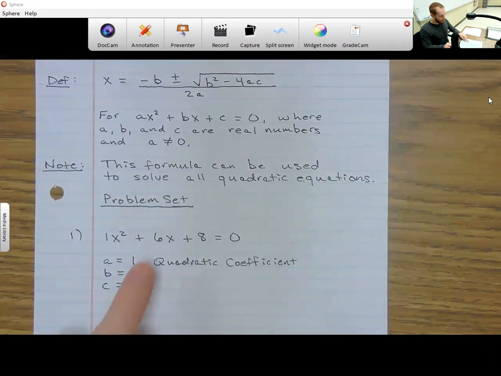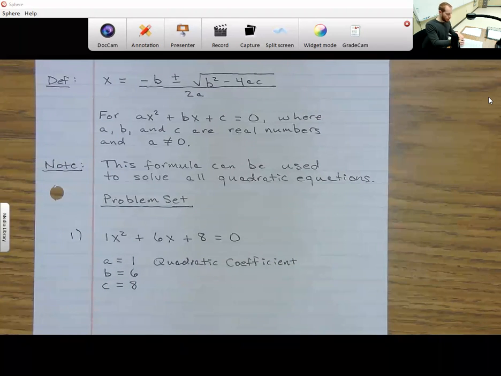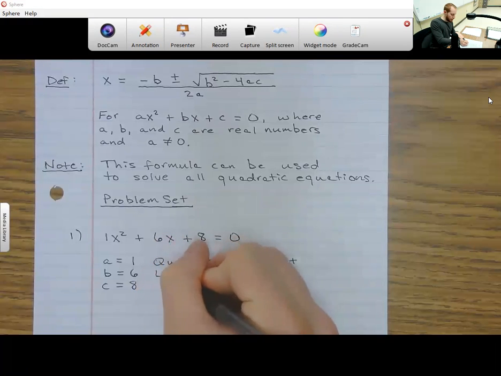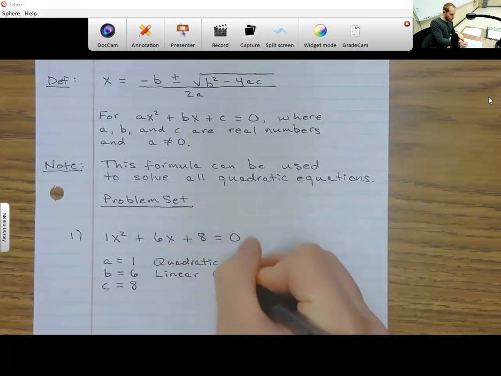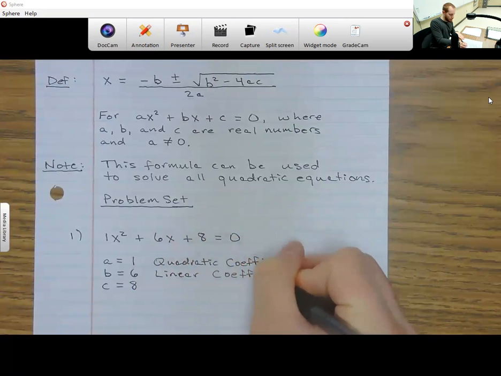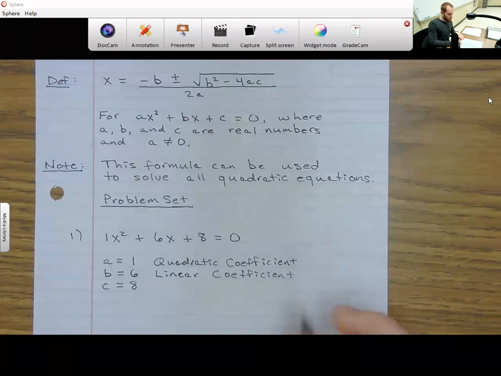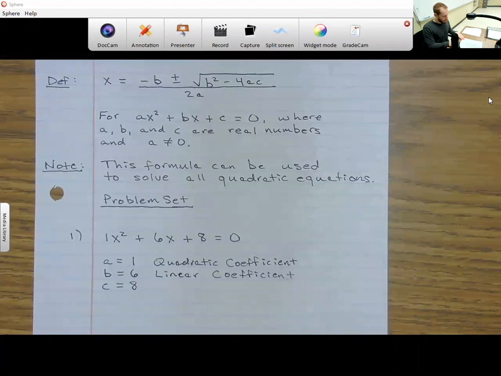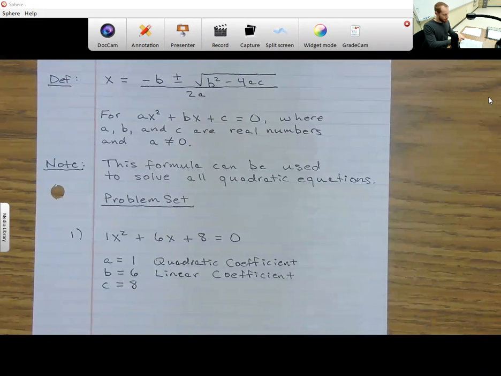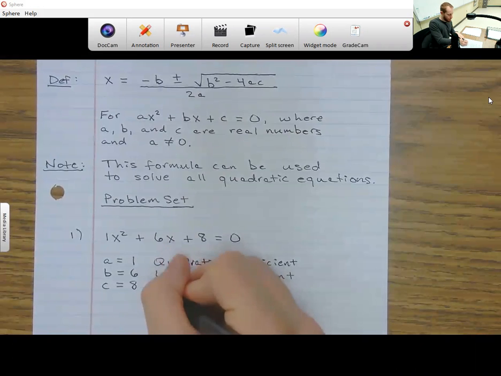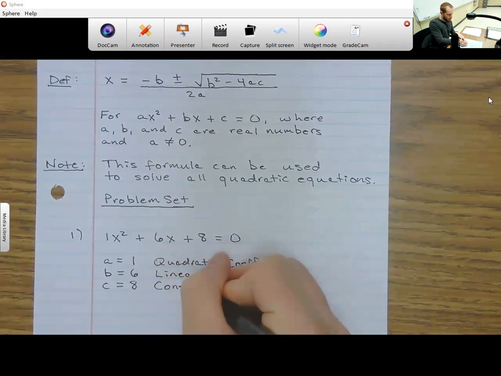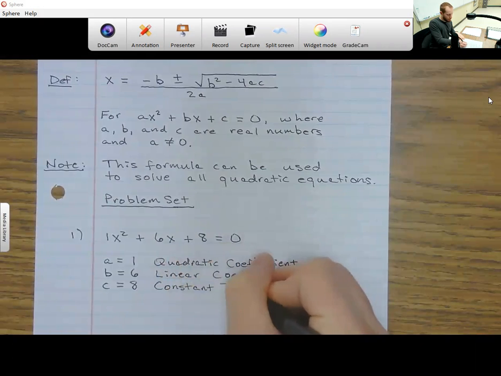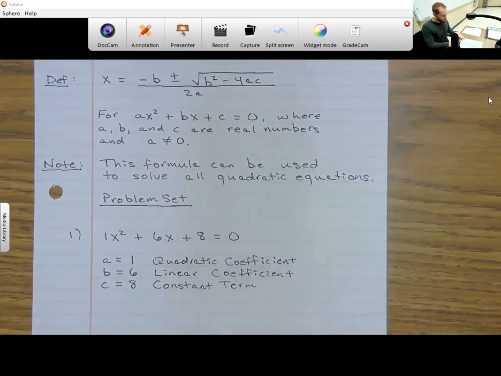The number out in front of the x, that b right here, that's going to be called the linear coefficient. And then the c, which is just the number right here, it's not attached to any x. So this is called the constant term.